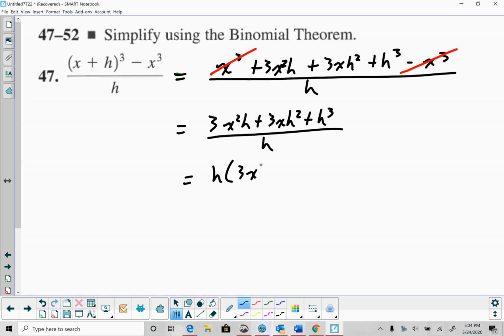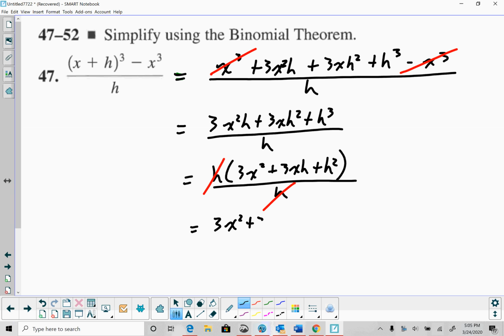So once we divide it out, that becomes h times the quantity 3x squared plus 3xh plus h squared, all divided by h. And we can, I'm going to say it, cancel. And this becomes 3x squared plus 3xh plus h squared. That's all they wanted you to do there.